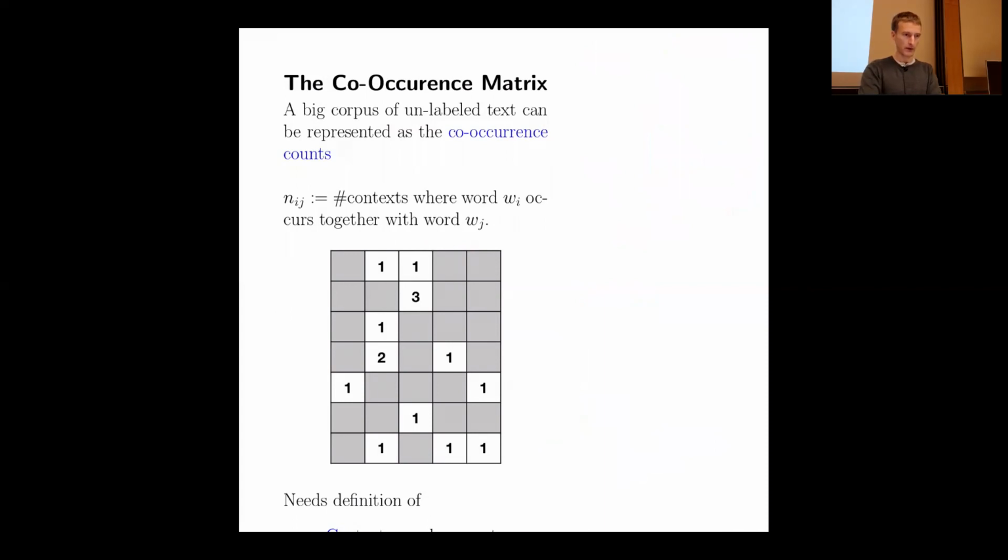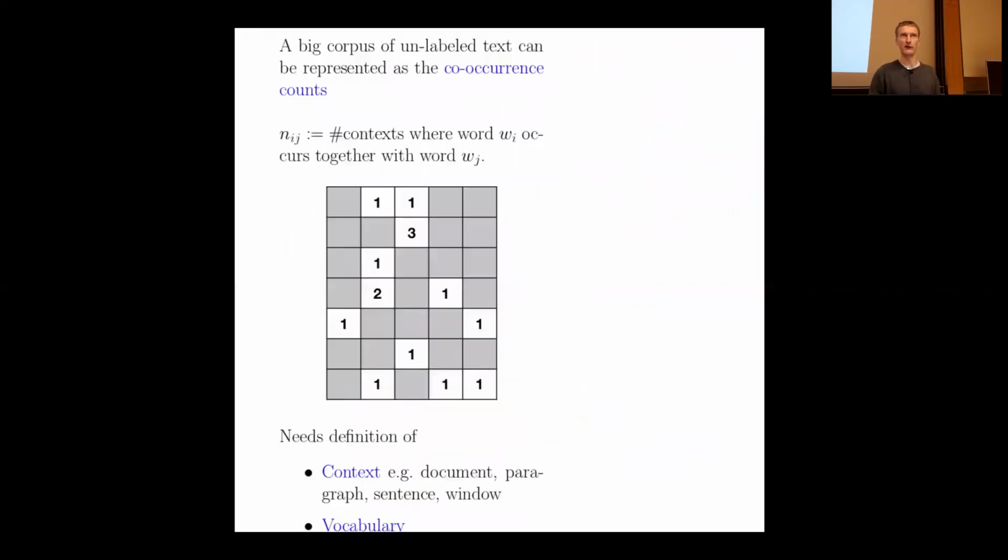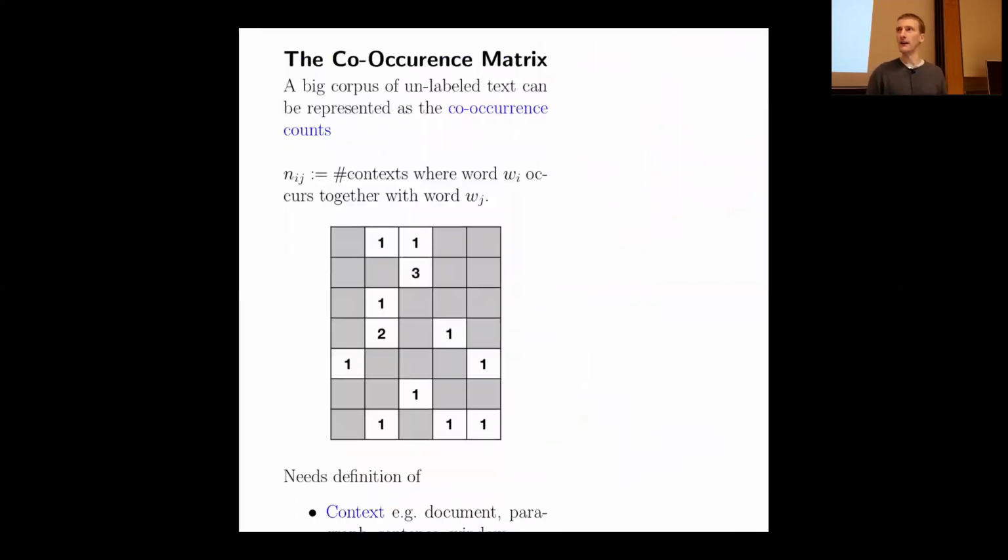To learn these vectors, we have very nice unsupervised data available. What we're going to use is a matrix here, which looks very similar to what you have seen on Tuesday. And this matrix is super trivial. It's just counting how many times each word appears with each other word.